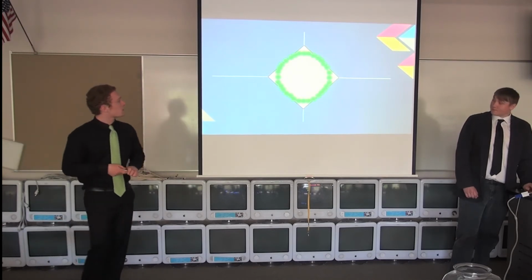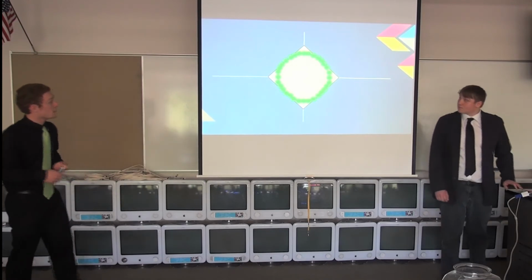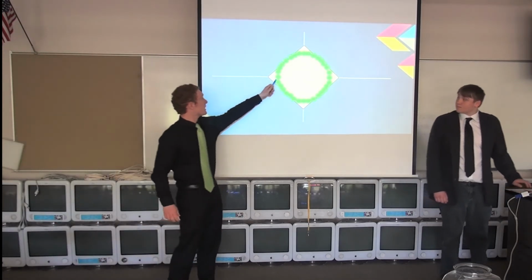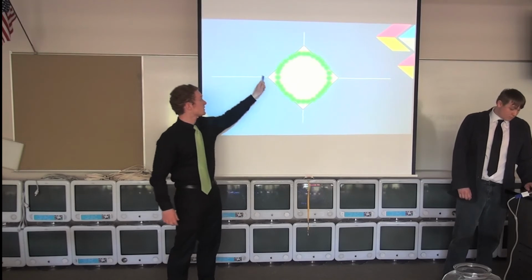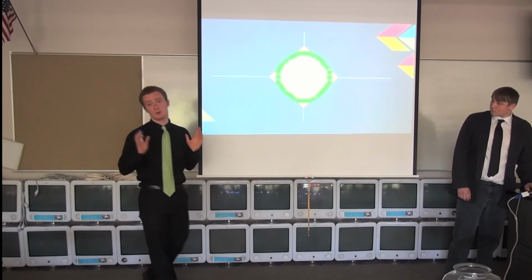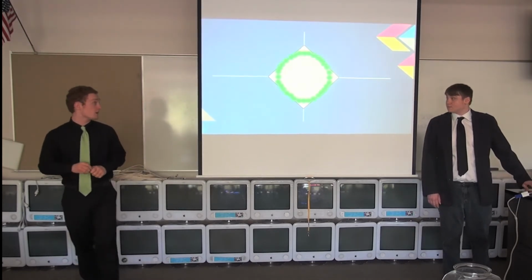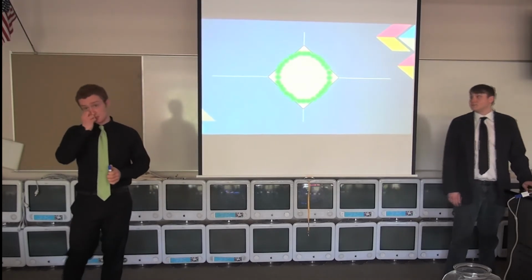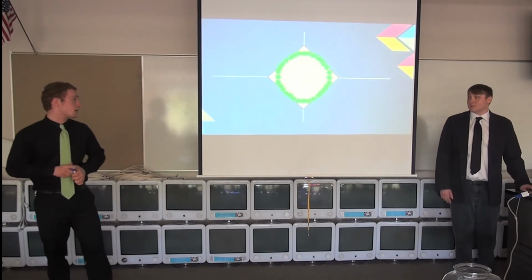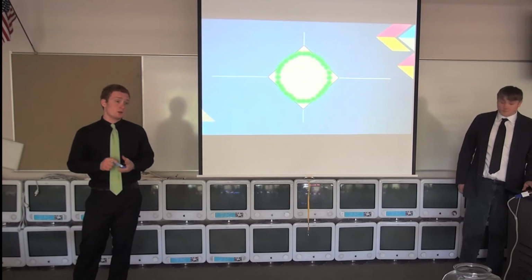Another thing that we noticed when we were doing this is that the space between each of the points, because we initially started with just those 4 points, is slowly decreasing as you add more points, until it gets to 0. So the limit of the spaces is approaching 0.